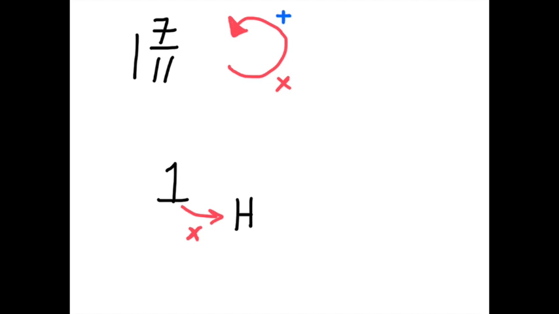Oops, didn't want to go quite that far. Well, I'm going to have to erase that. There we go. I want it to be an 11 here. We multiply by 11, and then we go ahead and add whatever's on top. Okay, in this case, 7.